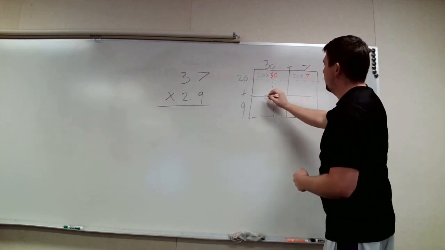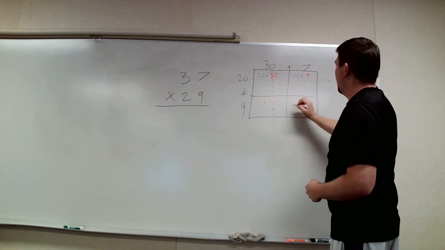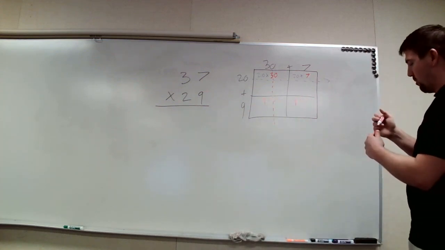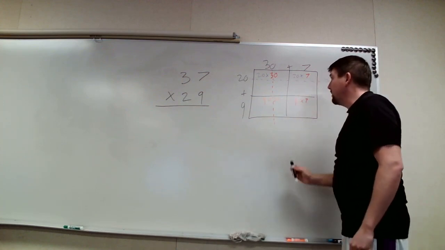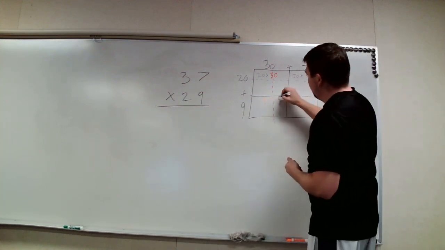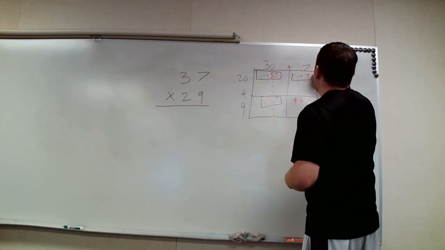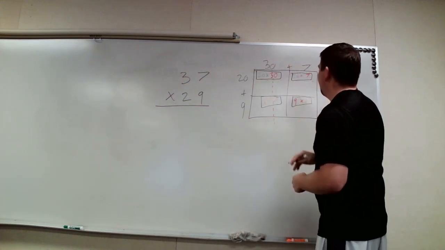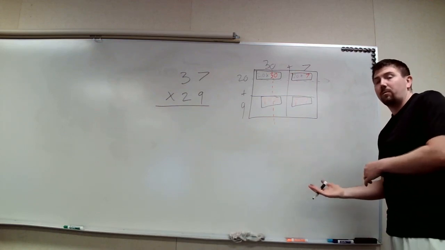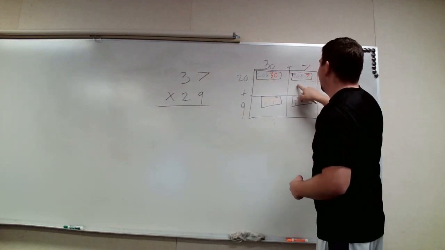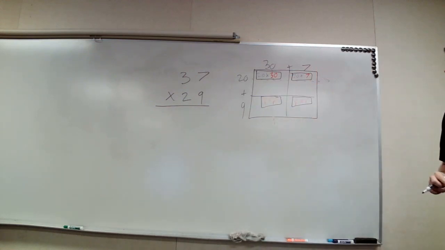And this one always touches, 9 times 30, 9 times 7. And so you kind of get that format of how do we know what we're multiplying. Once we get to this part, I always force them to make these equations so that I can visualize what they are messing up with. Are they not understanding how to multiply, or are they not understanding where to multiply and which numbers are being multiplied? So that's an aspect that I put in there.